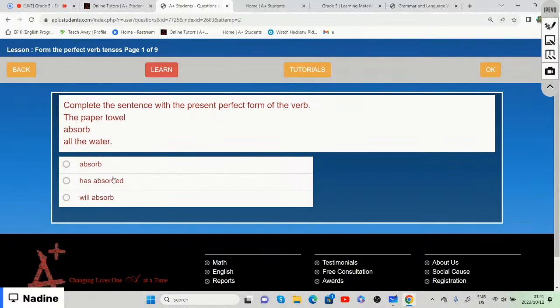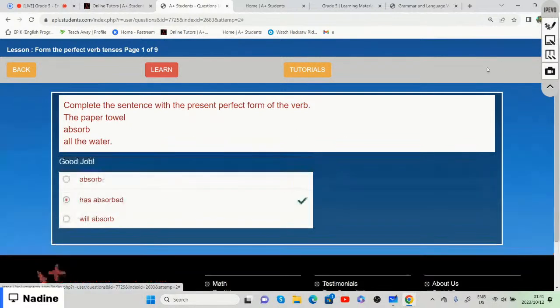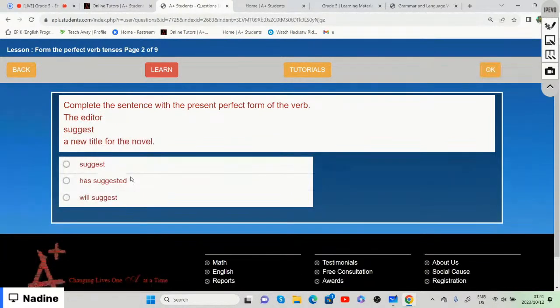So let's say the paper towel has absorbed all the water. Yes, so beautiful. Has is correct. Has absorbed is correct.